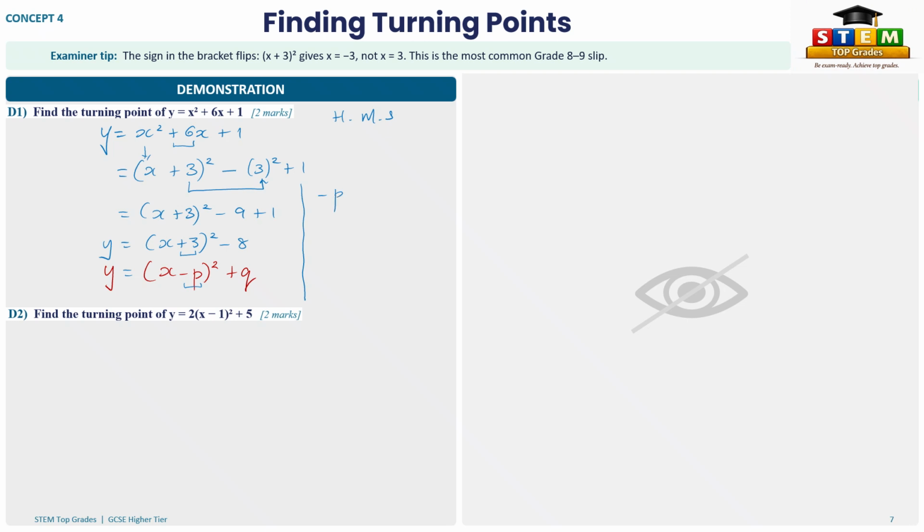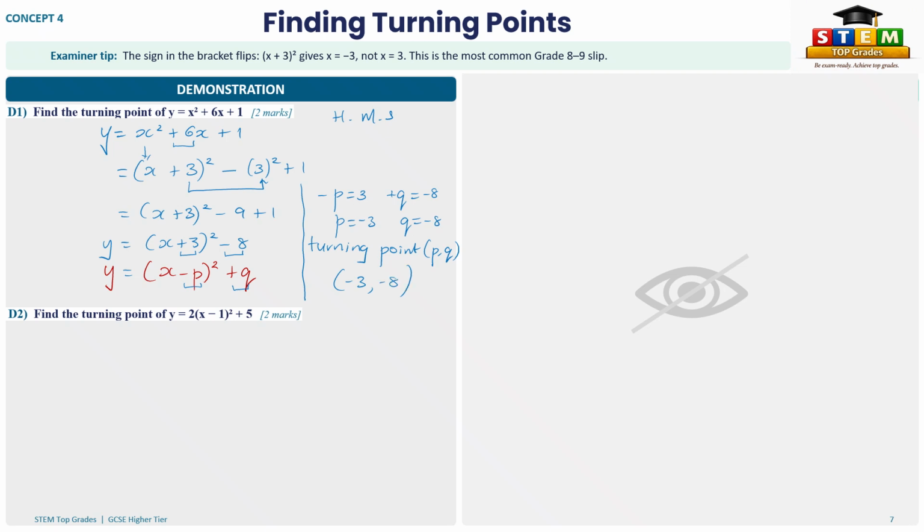So minus p is equal to 3, and minus 8 equals q, or plus q equals minus 8. So that makes p minus 3, and q is still minus 8. So the turning point is (p, q). Therefore, it is going to be (minus 3, minus 8). So that's our turning point.